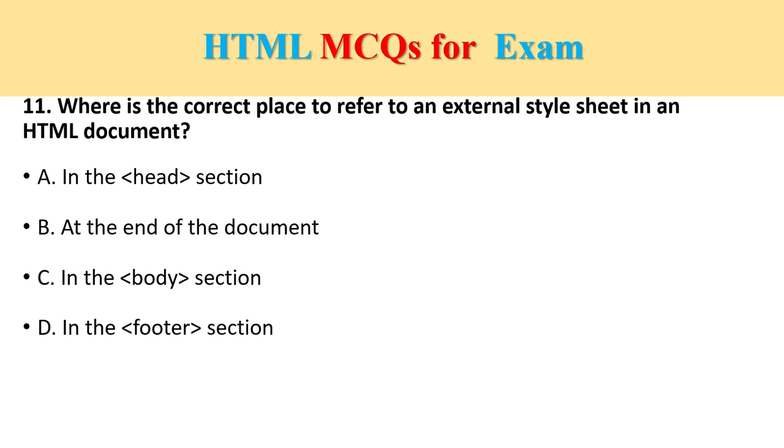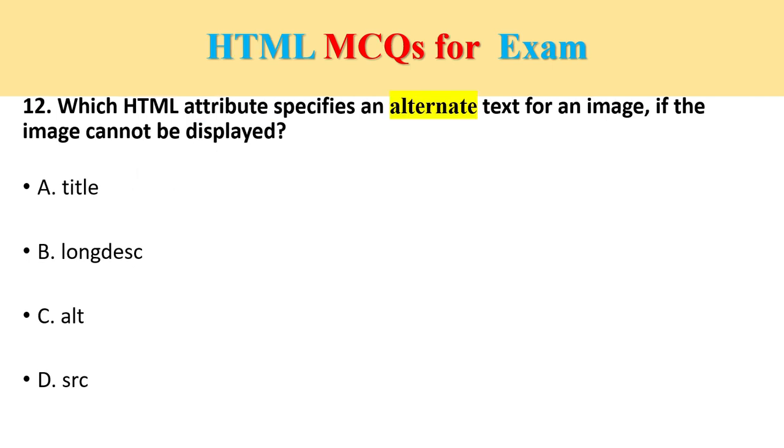The correct place for referring to external style sheets is the head section. We can put the link in the head section to refer to external style sheets in an HTML document. A is the correct answer.